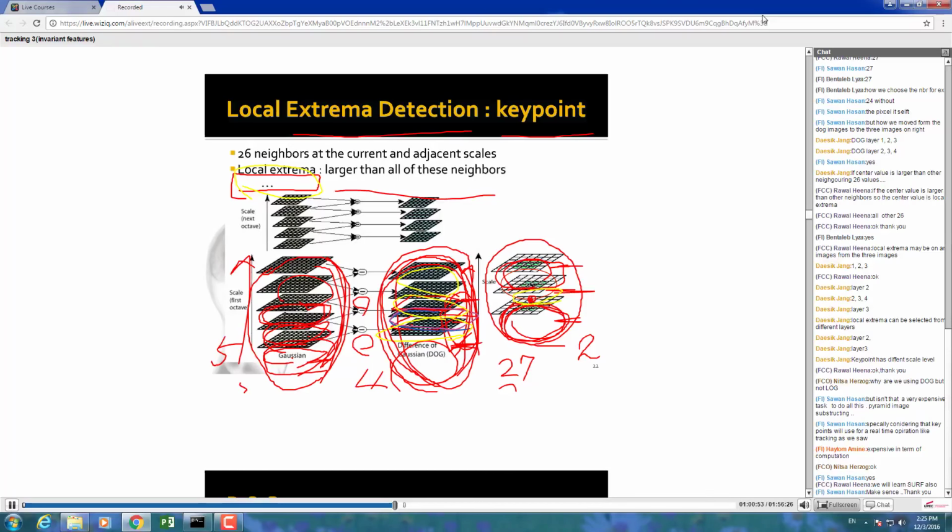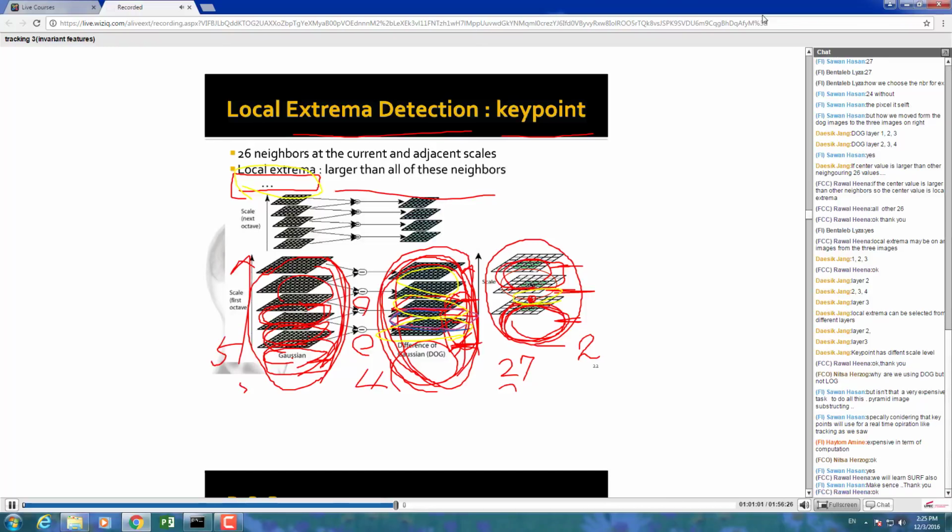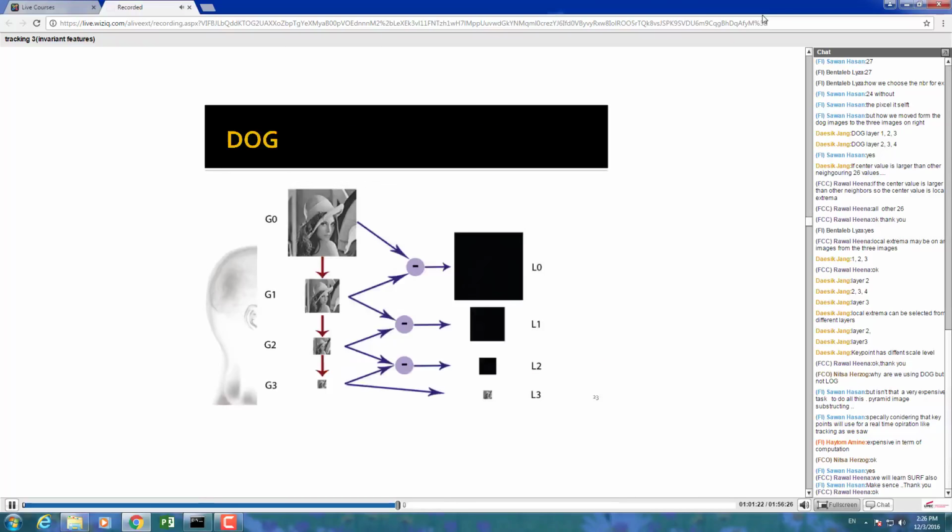I have just one slide for SURF. It's a newer version of SIFT, but we are not looking into SURF in detail like SIFT, because it takes too much time. There are many other variations as well. SURF is the next version of SIFT; let's discuss it more later.